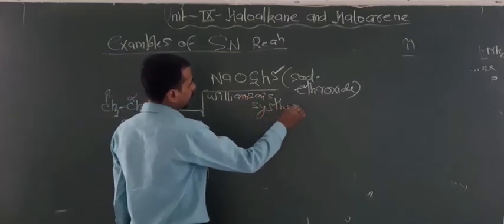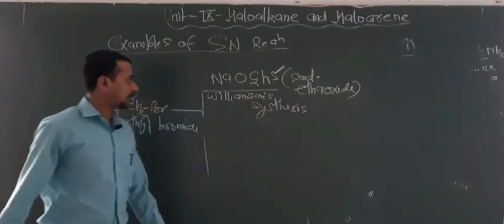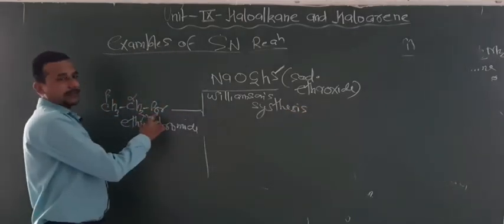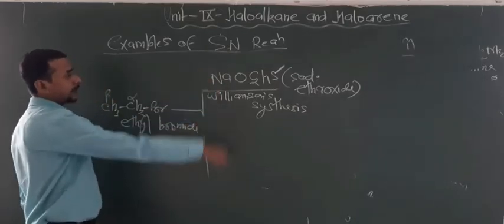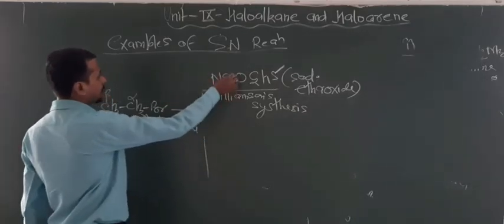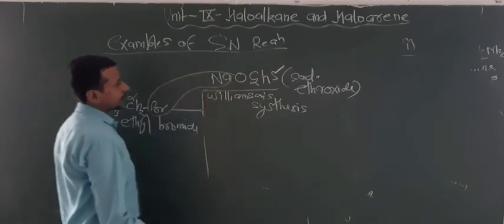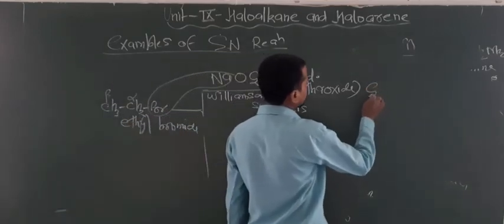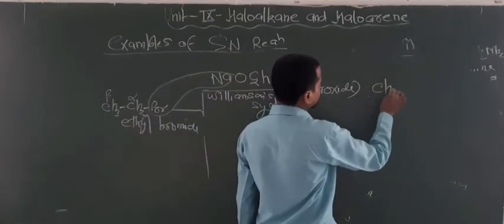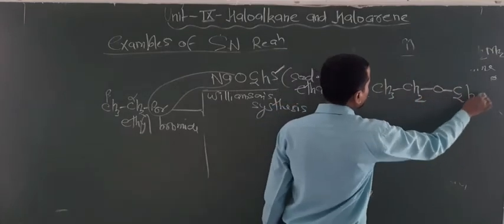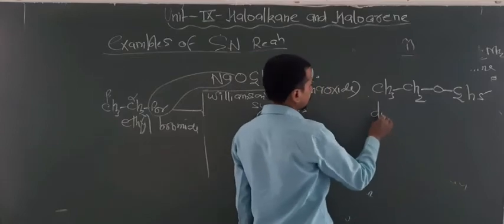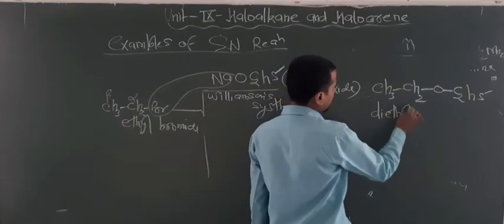This is for the formation of ether. So now look here, we remove Br from this alkyl halide with the help of NaOC2H5. That means this can be removed. Now the product will be formed like this: CH3CH2, single bond O and C2H5, and this is known as diethyl ether.